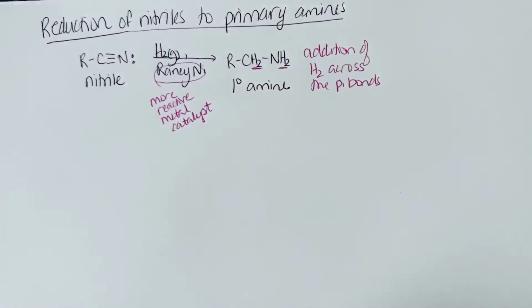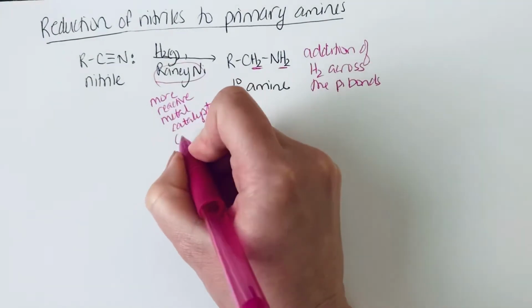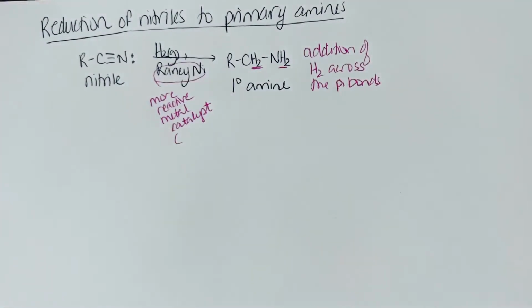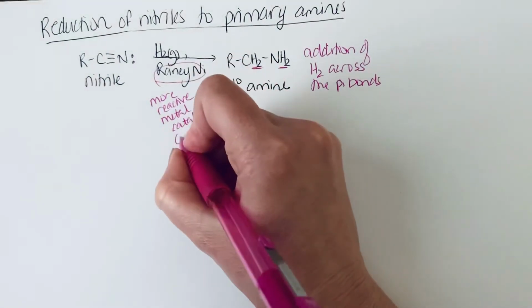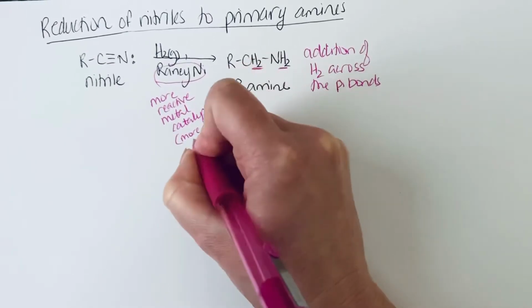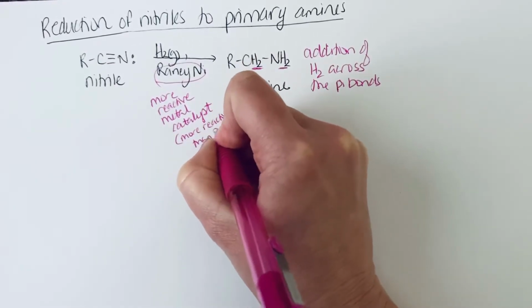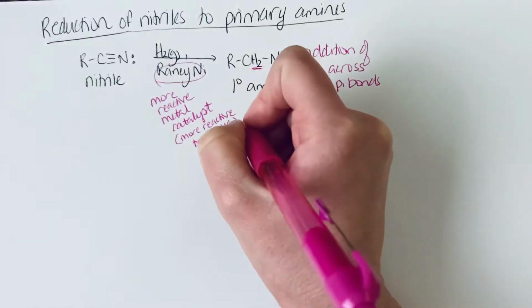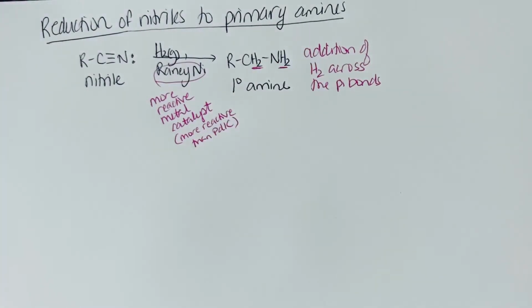More reactive than what? What I'm really thinking about is the palladium on carbon that we typically use when we're doing the hydrogenation of an alkene or alkyne. So this is more reactive than palladium on carbon.